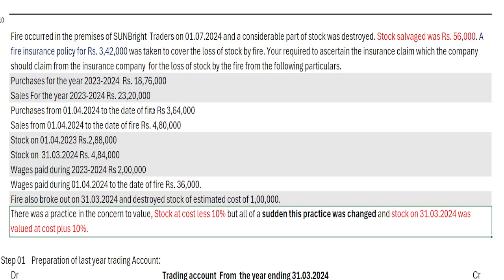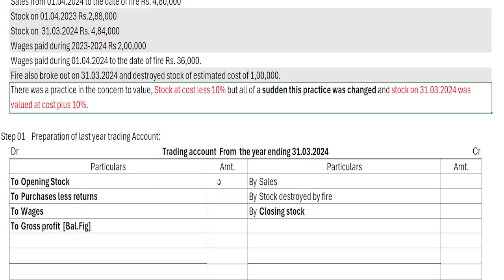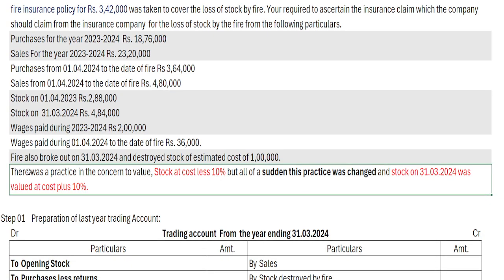trading account. For that, we will collect the previous year data: opening stock and so on. Before filling in the data, let's see the important information given here. There was a practice in the concern to value stock at cost minus 10%, but all of a sudden this practice was changed and the stock on 31st March 2024 was valued at cost plus 10%.